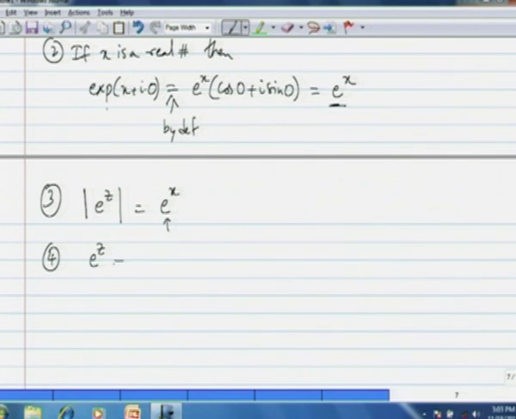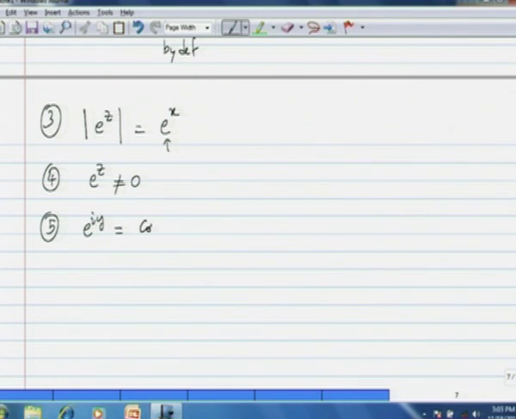And the fourth of the properties is that e power z, the way we have defined it, is never equal to 0. That is because cosine y plus i sin y is never equal to 0, because cosine y and sin y are not simultaneously 0 for any real number y. So, that is easy to see. And then e power i y is cosine y plus i sin y.